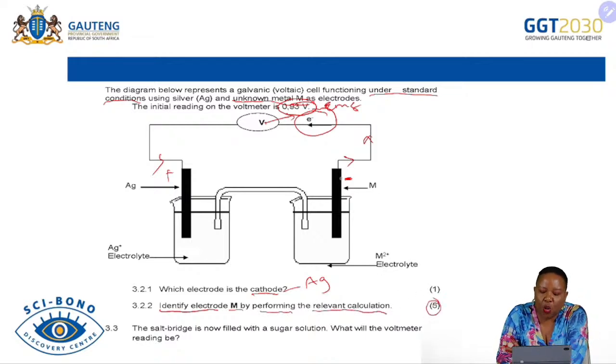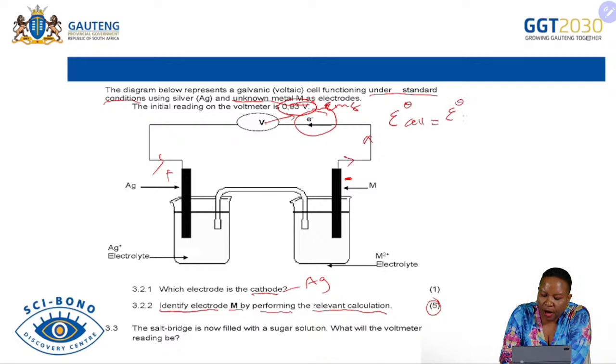So we need to say what M is after being provided with this V cell or the EMF. Therefore, we are going to use our equation that says E theta cell is equal to E theta cathode minus E theta anode. The examiner provided us with the E cell, which is 0.93, equal to, the cathode is silver.